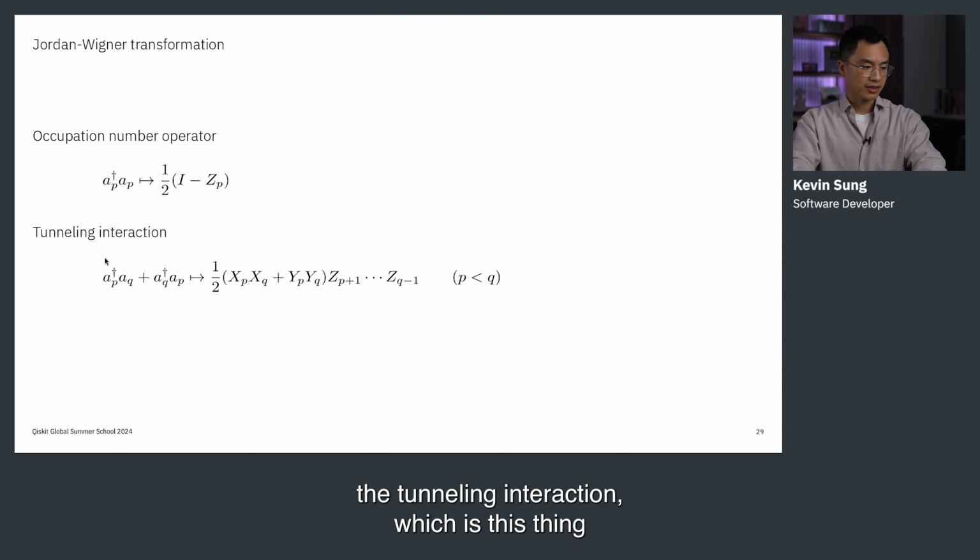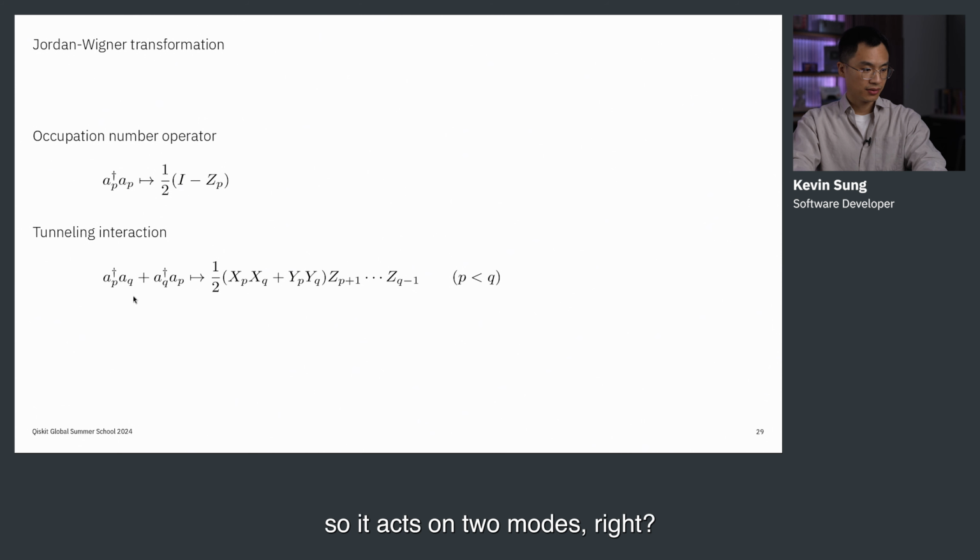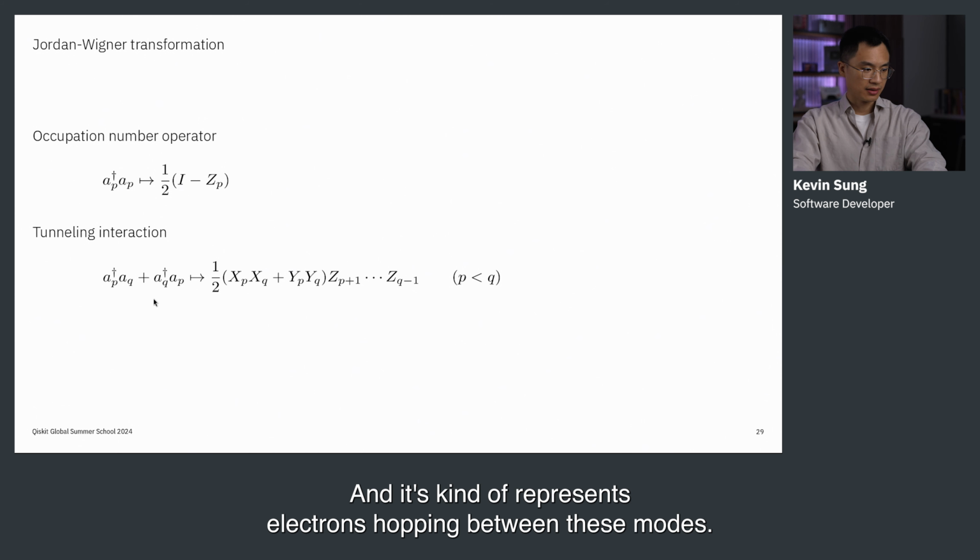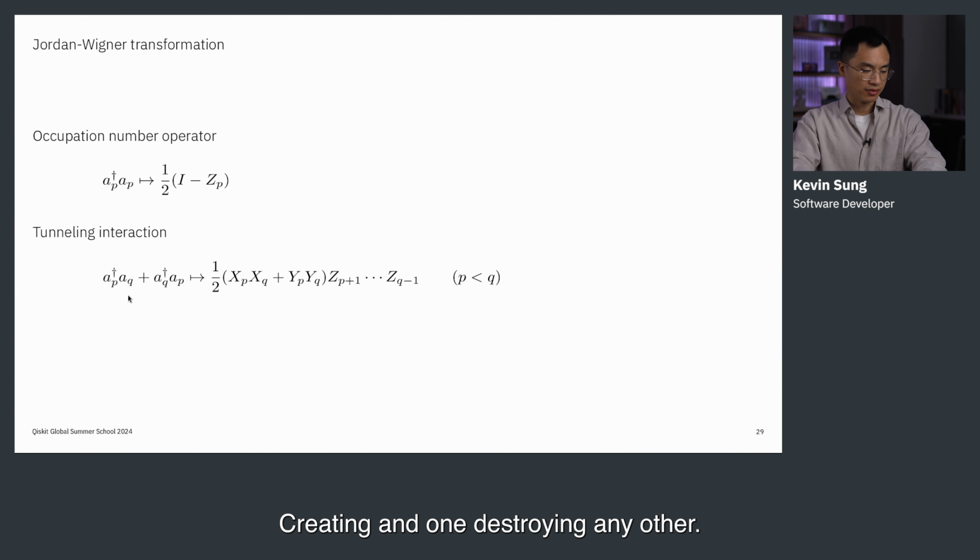The tunneling interaction, which is this thing I've written here, acts on two modes, right? And it kind of represents electrons hopping between these modes, right? Creating in one, destroying in the other. And we're adding the complex conjugate so that this is a Hermitian operator.